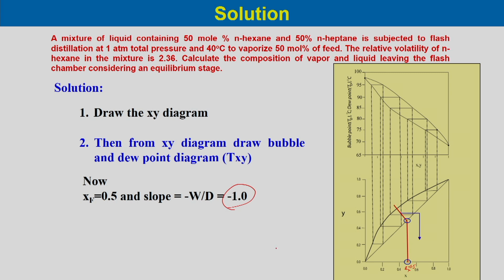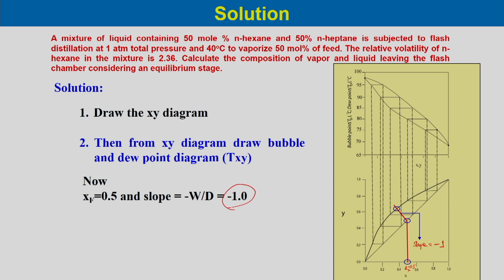Now, we can plot with this slope, minus W by D, which is -1. From this point, with a slope of -1, we can plot this line, which intersects the equilibrium curve at this location.